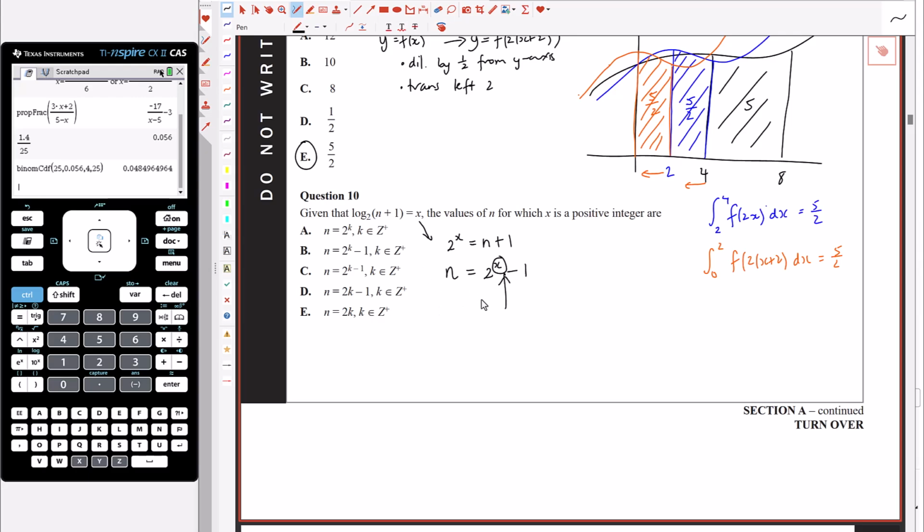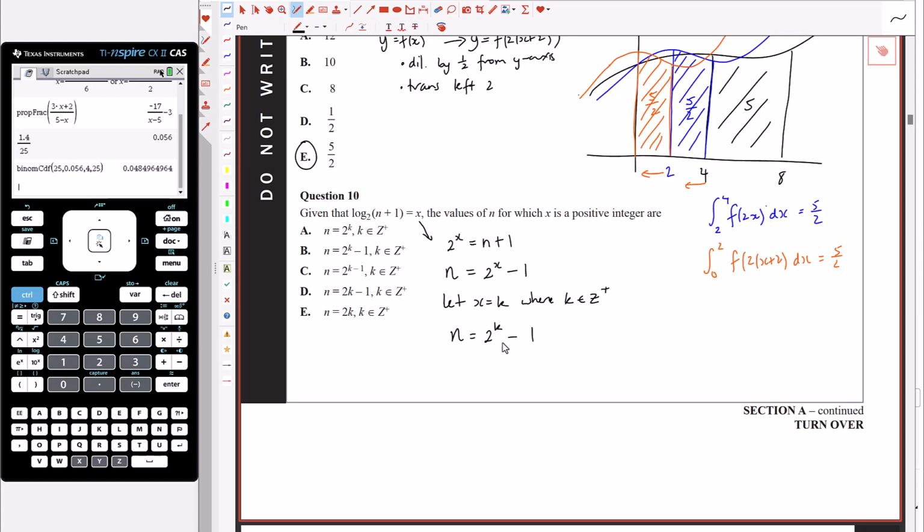So all they've done is they've just replaced the x's with k's, where k is a positive integer, okay. So if we let x equal k, where k is an element of Z plus, we're suggesting that this is going to be the answer.